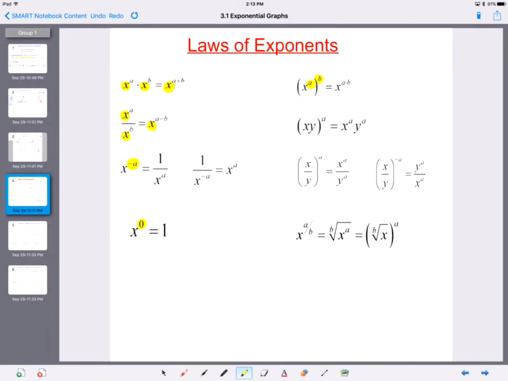If you have a product of a power where there's multiple things going on inside, and each one of those is getting raised to the power of a. Same thing with a quotient. Multiple things inside, everything gets raised to that power of a. And if you have a fraction raised to a negative, you can go ahead and just use the reciprocal and say y over x raised to the positive a, and then you can rewrite it.